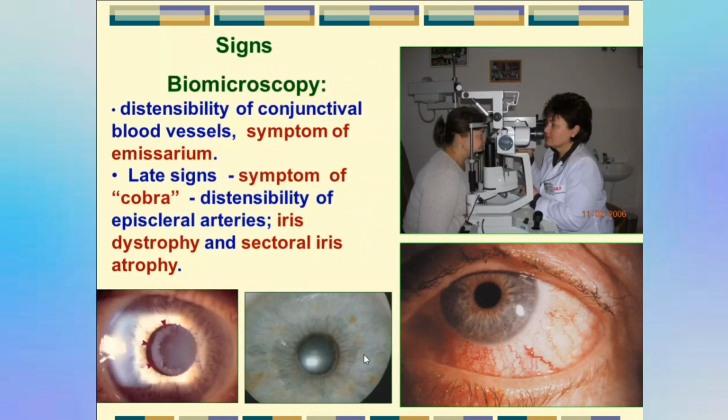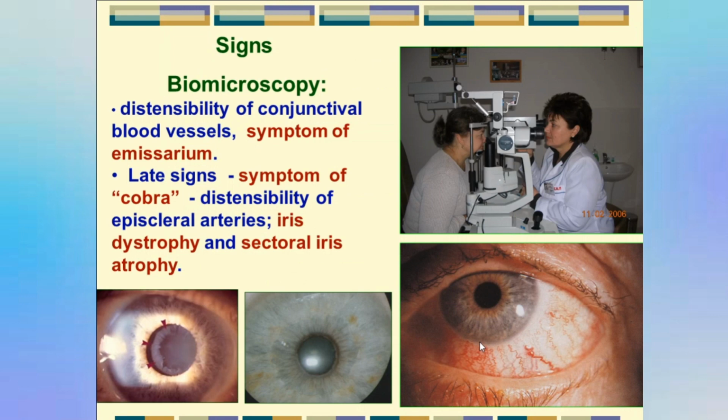What can we see in the anterior part of the eye? We can see symptoms of vascular changes in the conjunctival vessels. In the late stages, the symptom of cobra. We can see iris dystrophy and sectoral iris atrophy.